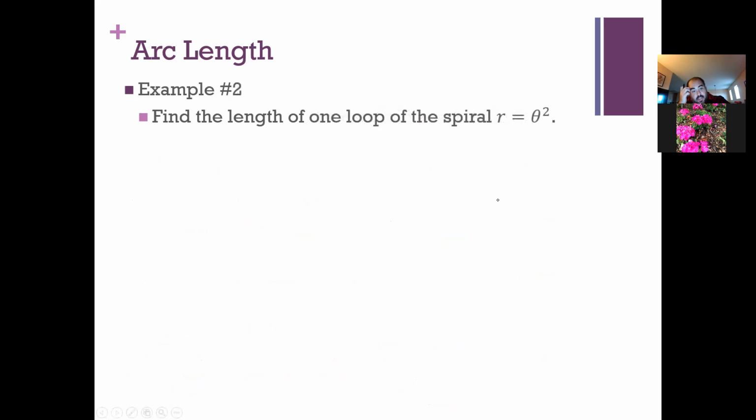All right, one more. I want to find the length of one loop of the spiral, so r equals theta squared. What should I do first?